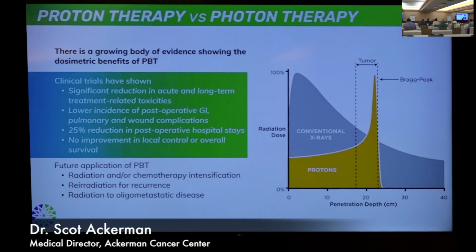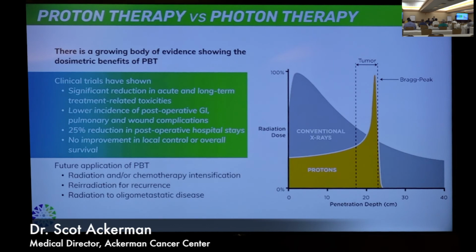So these are protons, this is photons or IMRT. So you see the adverse events are much lower in the proton cases as compared with the IMRT cases. And if you look at non-surgical versus surgical, either way you look at it, the adverse events are significantly lower with proton beam radiation. So there's a growing body of evidence that shows that there are dosimetric advantages to proton beam radiation.